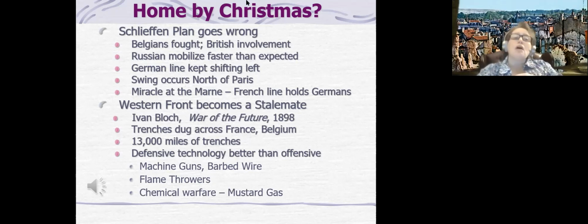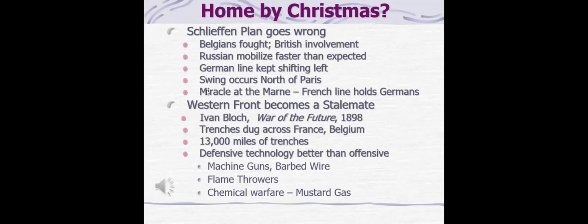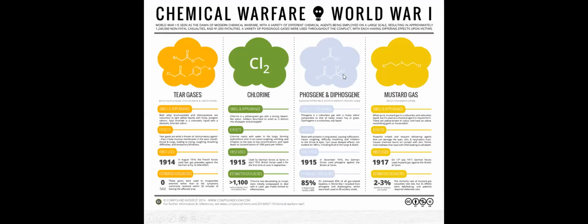Mustard gas was not the only gas used during the First World War. So I brought you this lovely little thing here. You can see that we've got tear gases, we've got chlorine, we've got phosgene and diphosgene. First used 1914, first used 1915, first used 1915.